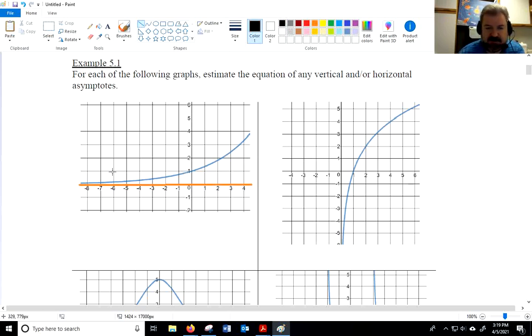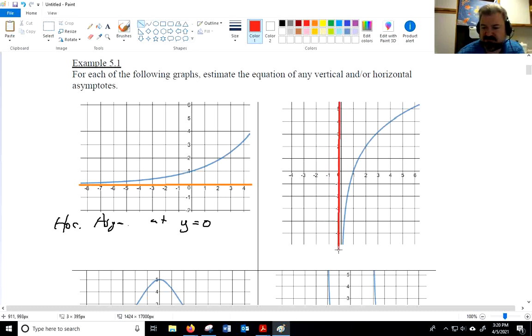Again, we really can't know for sure without the equation, but we think there's a horizontal asymptote at y equals 0. Y equals 0 is actually the equation of the x-axis. Remember, all horizontal lines are of the form y equals.